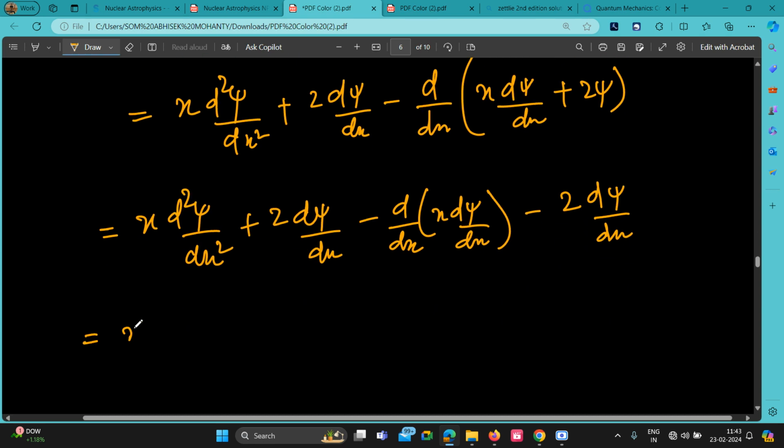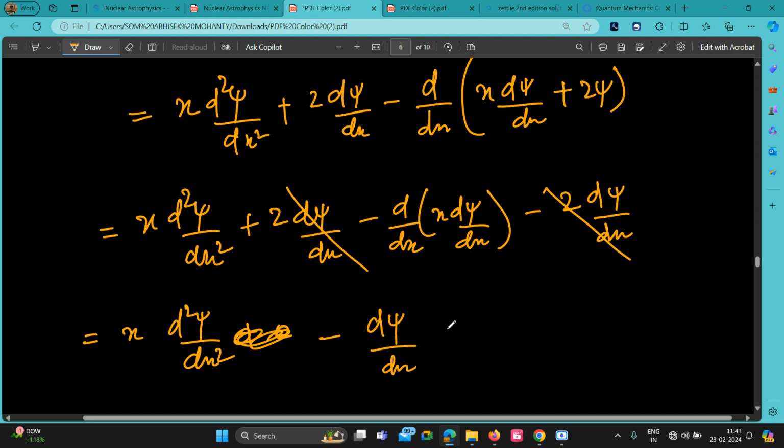So this will be x d square psi by dx square plus 2. Okay, these two are cancelled, isn't it? Now this is minus d/dx of x d psi by dx, that is 1 with d psi by dx, minus again x will go out and this one d square psi by dx square. Okay, this is u into v. So if you see, these two are cancelled now.